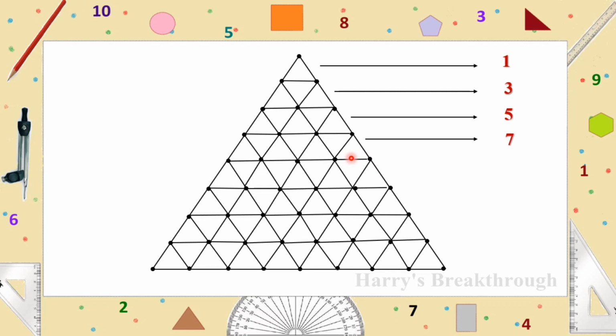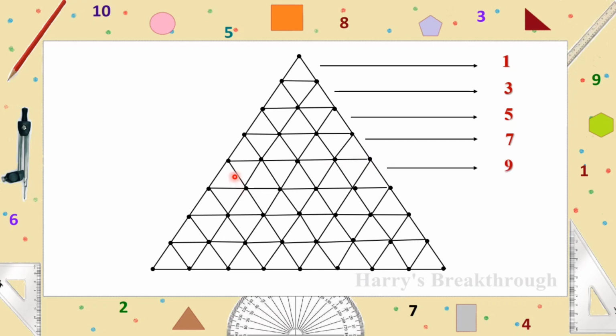Can you say what type of numbers these are? These are consecutive odd numbers. Now you can guess how many triangles will be in the fifth row. You don't have to count, right? You know the next consecutive odd number is? Yes, it's 9.